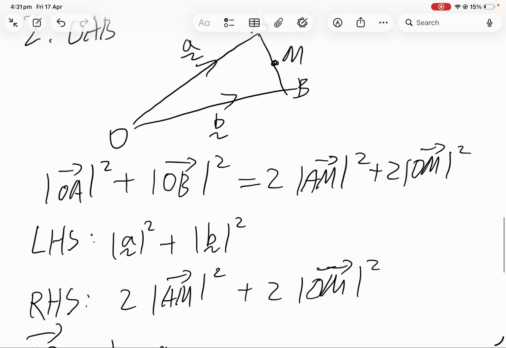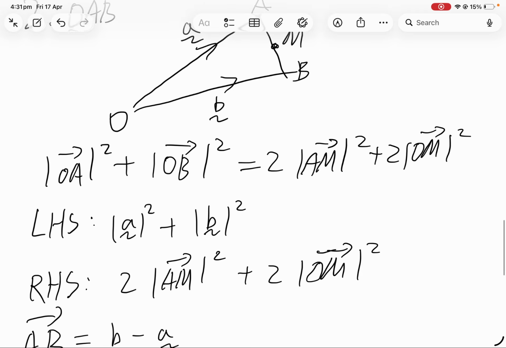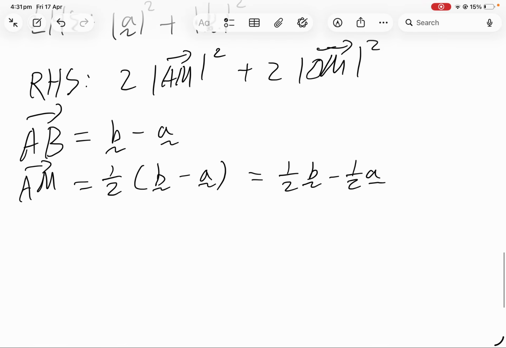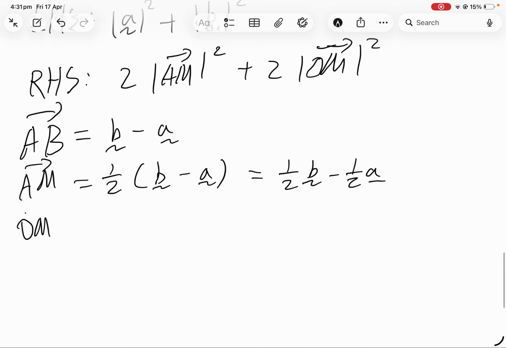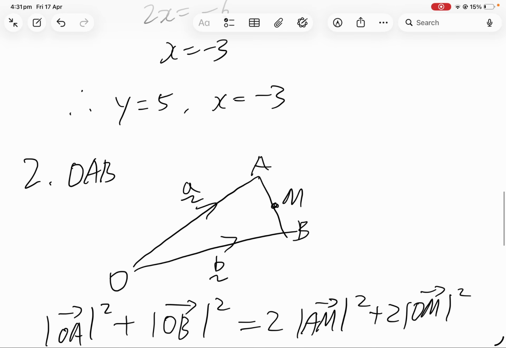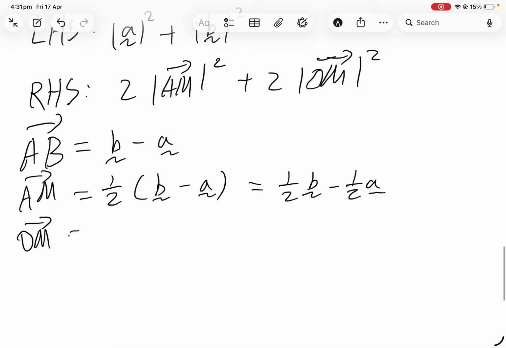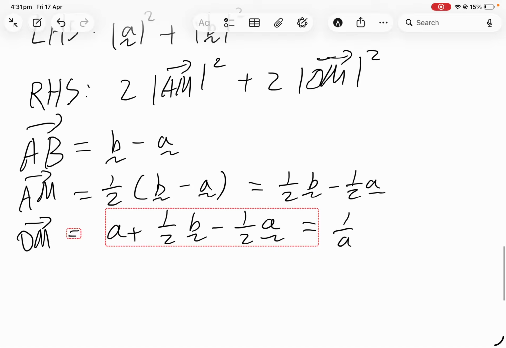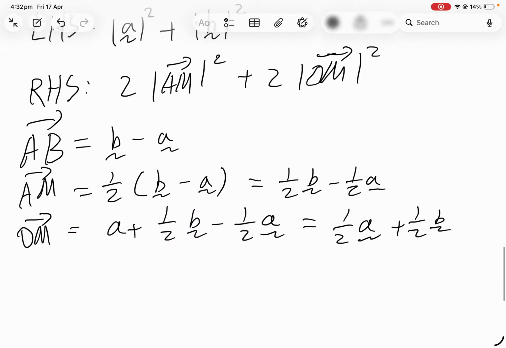And now we have to find OM as well, which is just a plus AM. So it's just a plus half of vector b take half a. This is just a half vector a plus a half vector b.